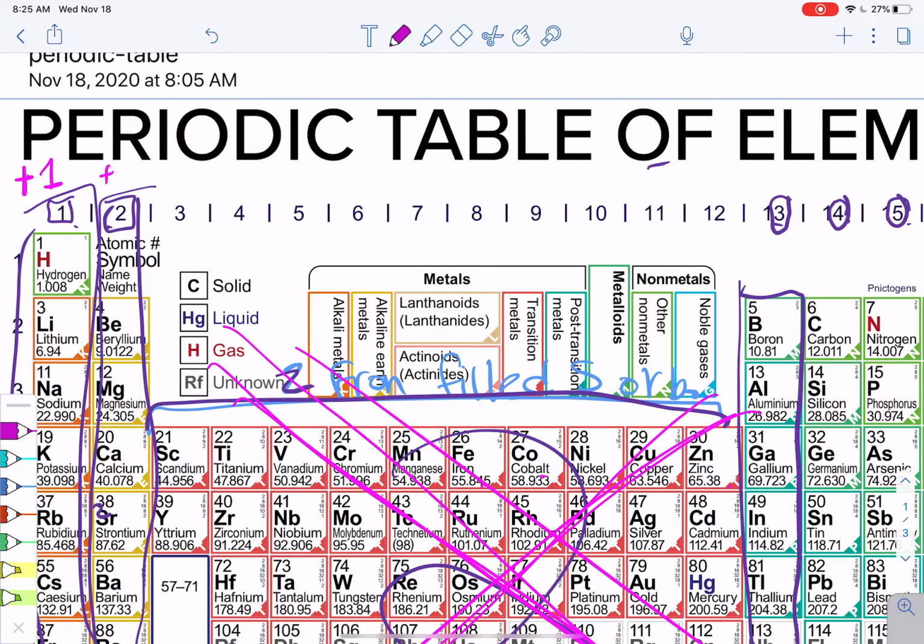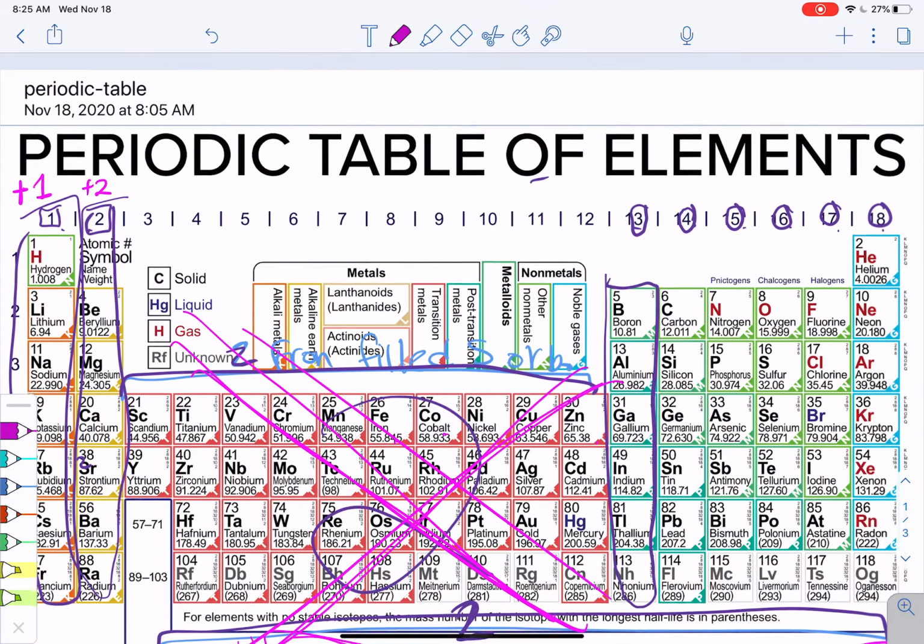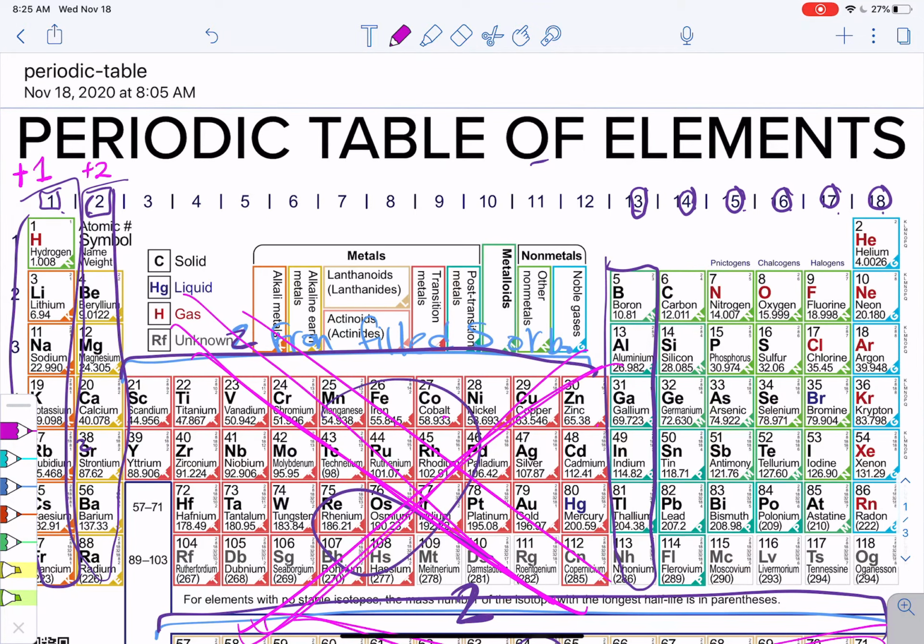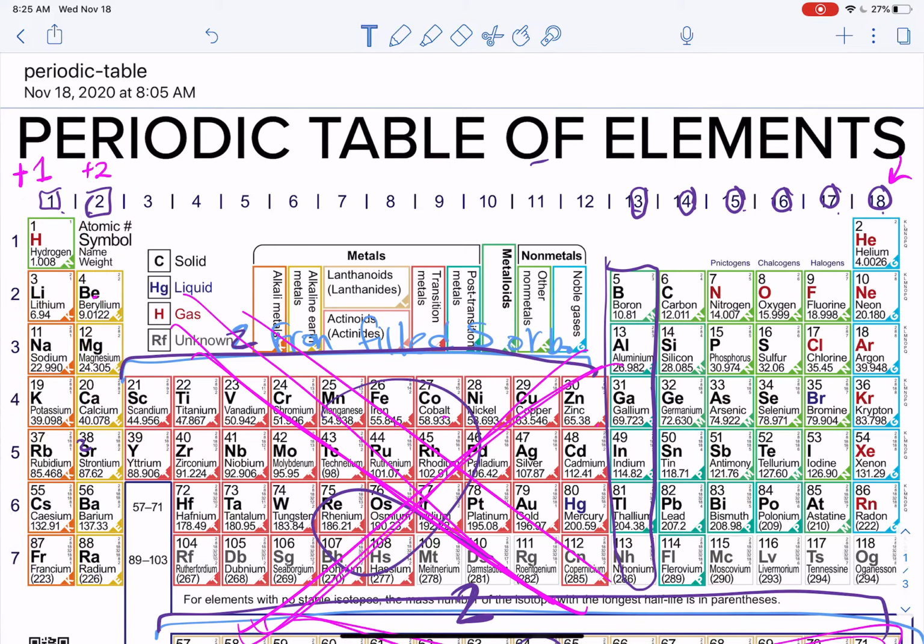Group 2 will try to lose both of those electrons, so it will have a +2 charge. The purpose for that is if like beryllium loses 2, it goes backwards 2 places and becomes an 8, becomes a noble gas that's stable, okay? So group 3 will try to lose 3, so it will have a +3 charge.